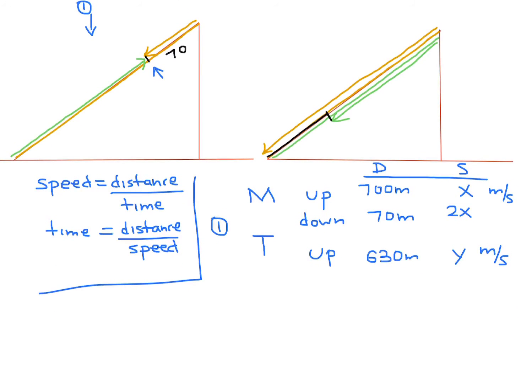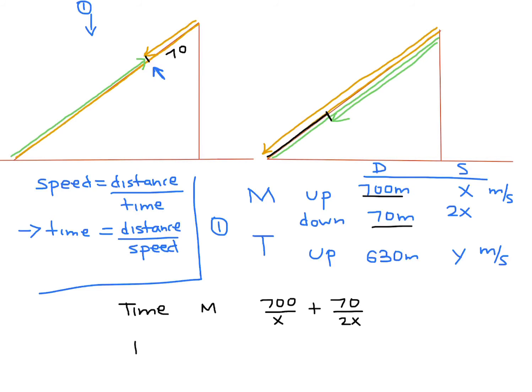Now they meet at the same time. Their times are the same at this point right there. All right, so that means we have to figure out time. We have to use this equation here. So for Maria, the time would be distance over speed, so 700 over x going uphill, and distance over speed going downhill, which is 70 over 2x.